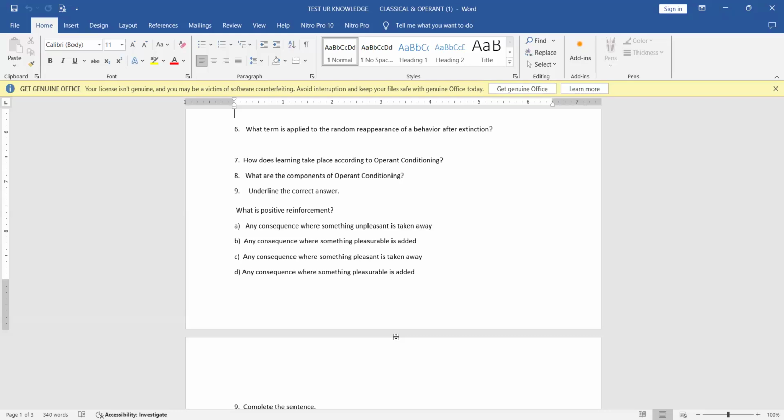Underline the correct answer. What is positive reinforcement? Out of A, B, C, D, can you give me the answer?